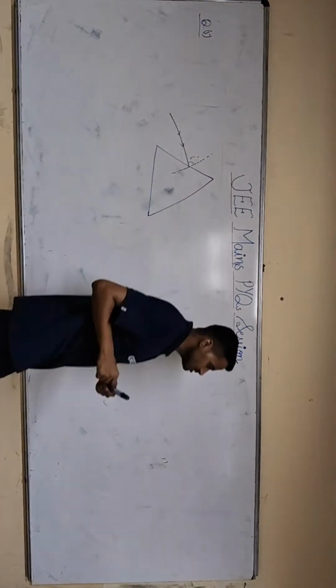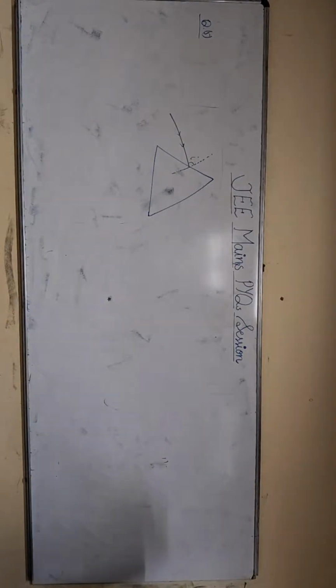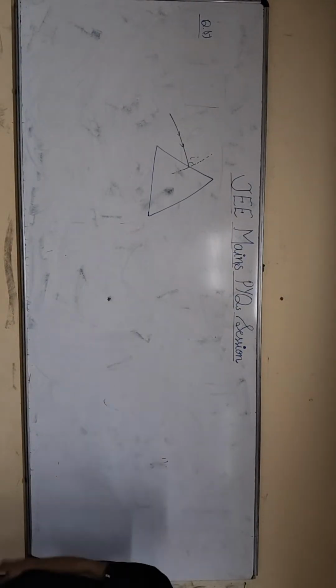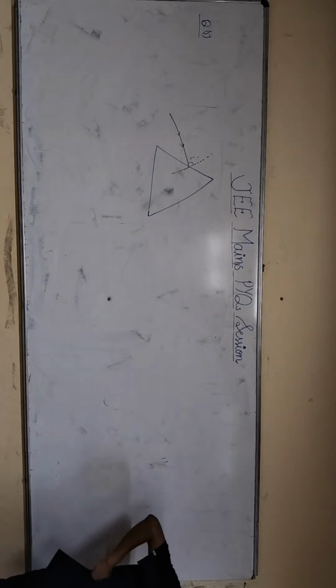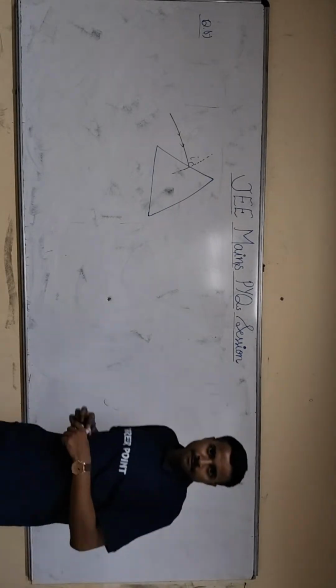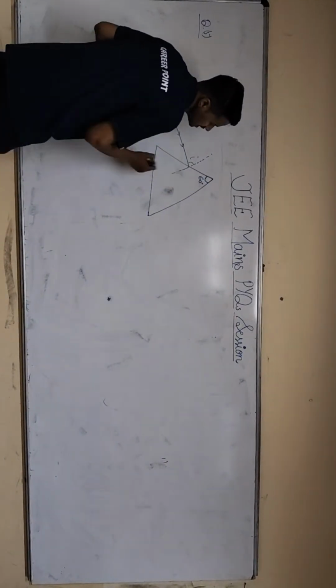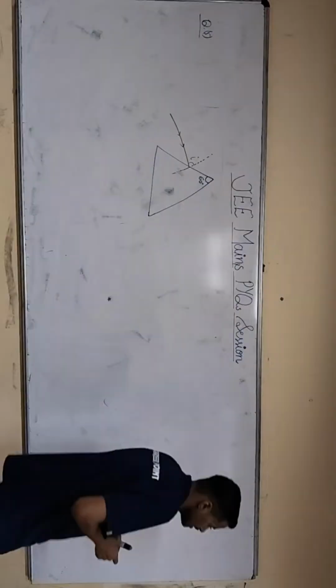So the question is saying, the ray of light of minimum deviation is incident on the prism having angle of prism equal to 60 degrees. This is the given angle of prism, 60 degrees.